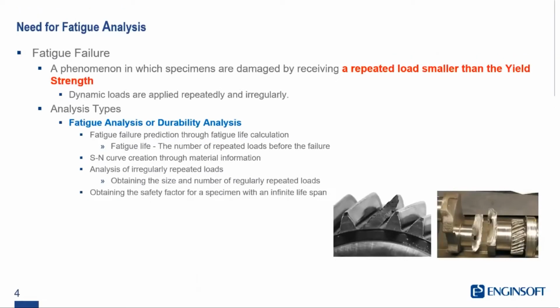So when you have repeated loading, the static yield strength is kind of a useless metric, because we don't care if it fails on the first cycle, we care if it fails on the millionth cycle. So we need some way of quantifying that. We do that through this fatigue analysis or durability analysis. They can really be used interchangeably. And we think about things in terms of fatigue life.